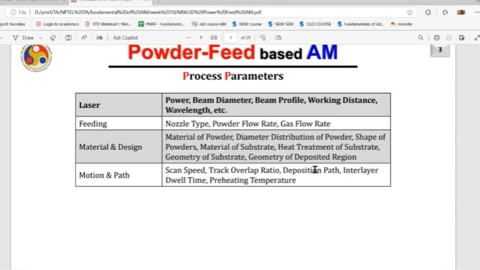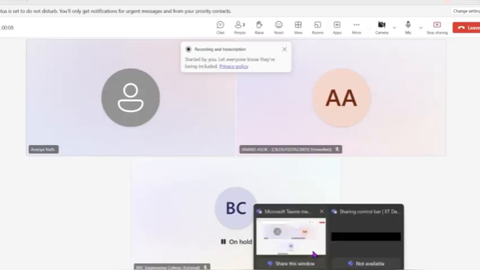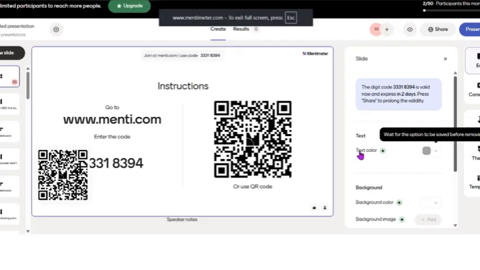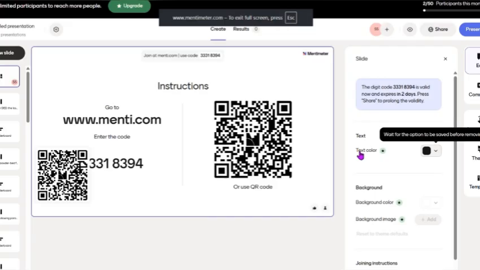Today's Mentimeter questions are from the previous class on which you have already attended the quiz. Week 9, is it, ma'am? Week 9, yes, week 9 topics. I think we can go with it. So you can scan the QR.